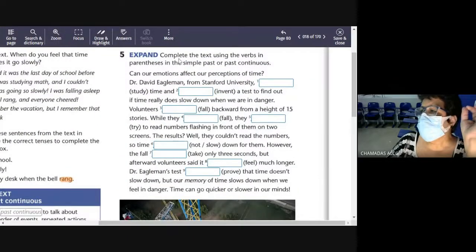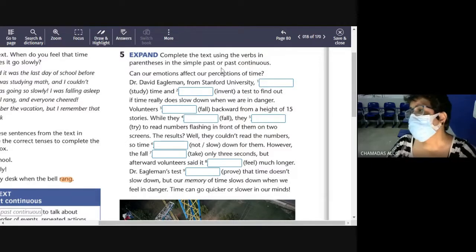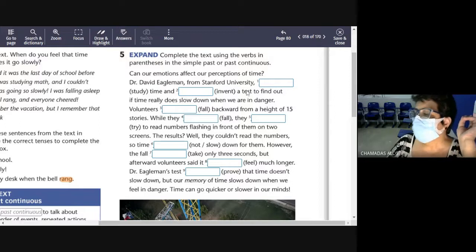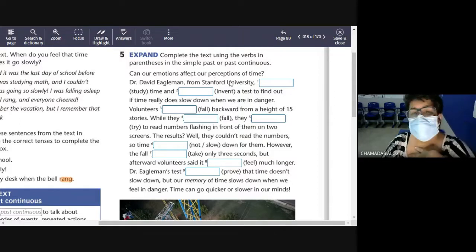So we're going to complete the text using the verbs in parentheses, either in the simple past or in the past continuous. Let's do the first one together, okay? So, can our emotions affect our perceptions of time?